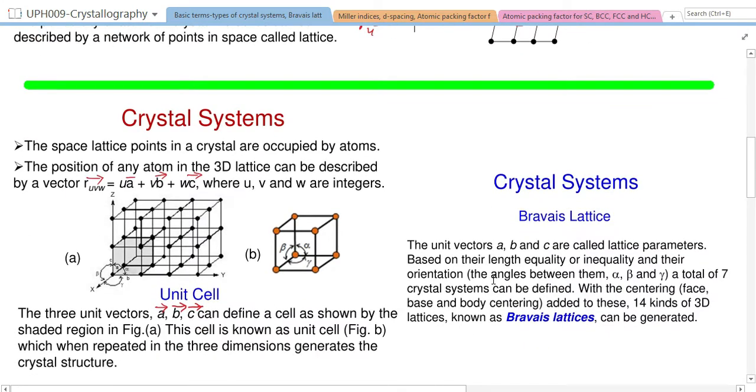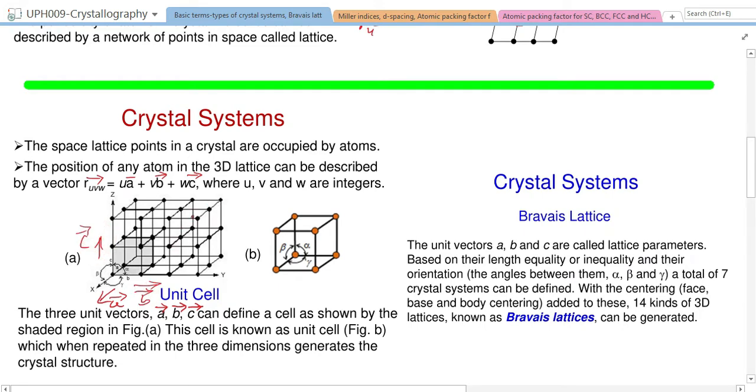Now you can imagine, if you want to do it in 3D, how many such vectors do you need? You need 3 vectors, A, B, and C, and correspondingly you will need 3 numbers, U, V, and W. So that's a 3-dimensional lattice. In that 3 dimensions, let's say this is your A direction, this is your B direction, and this is your C direction.